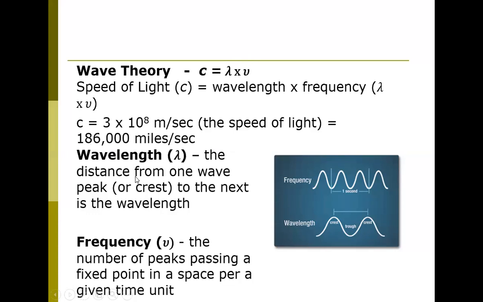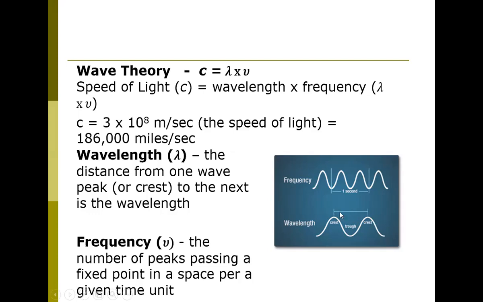Wavelength is the distance from one wave peak to the next wave. If this is the peak of one wave, here it is completed, and this is the peak of the next wave, so it can be said as crest to crest. In the figure, you can see this is one crest, this is another crest.